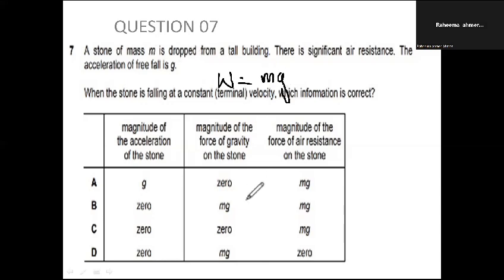So the weight would be mg. Now option C is also wrong because it says the weight of the object is zero, and it cannot be zero. Don't forget this. Next, the magnitude of the force of air resistance.